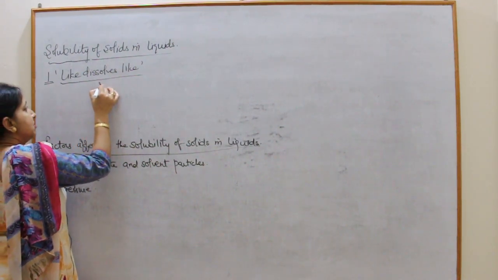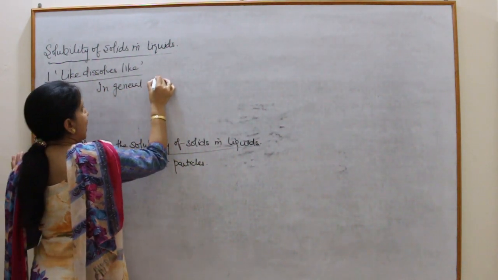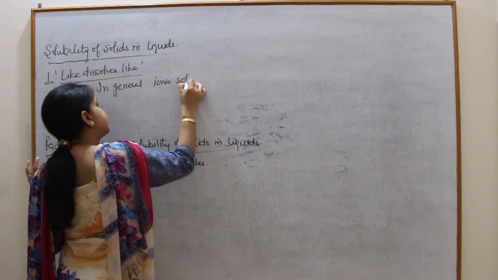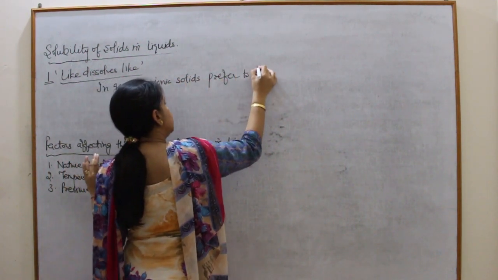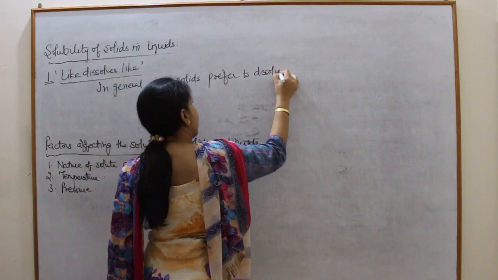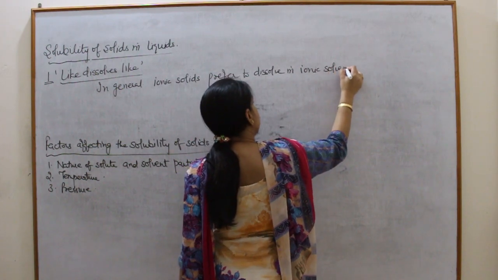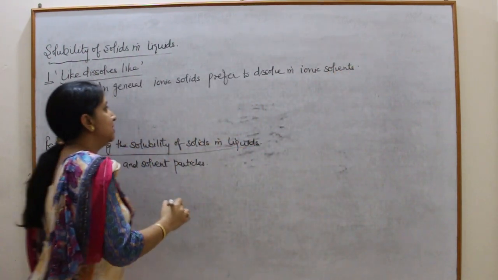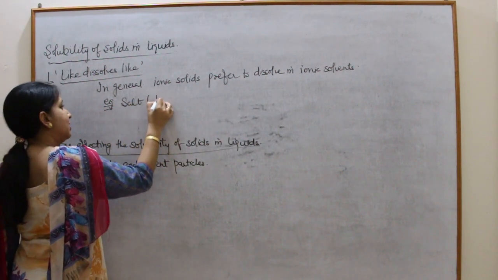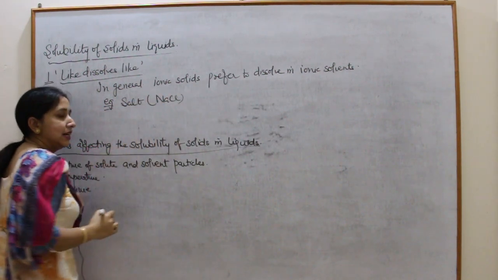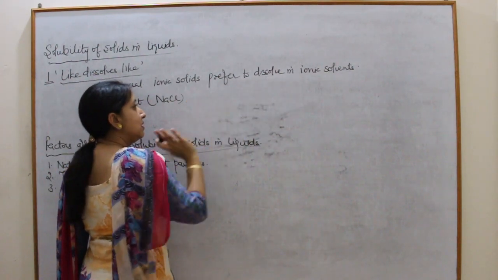So in general, ionic solids prefer to dissolve in ionic solvents. For example, salt. We know salt has formula NaCl and it is ionic in nature, so it will prefer to dissolve in ionic solvent.